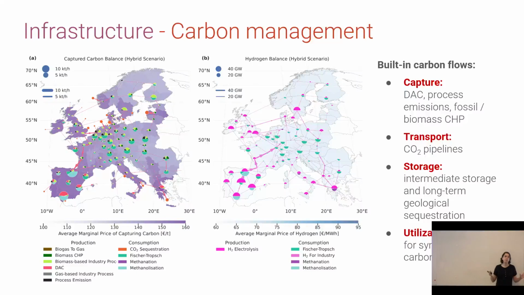And this is one difference, I would say, with many other models, or at least many big integrated assessment models, who have traditionally modeled just a specific combination of these technologies, such as BECCS, bioenergy with carbon capture and storage, in which CO2 is being captured from this generator that uses biomass, and it's captured here and it's being sequestered here.